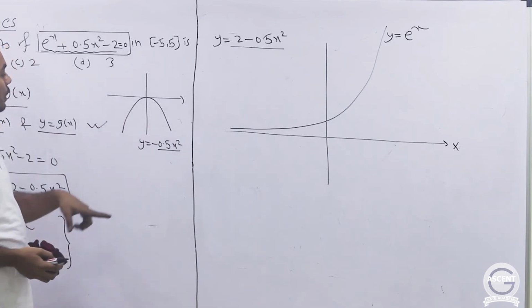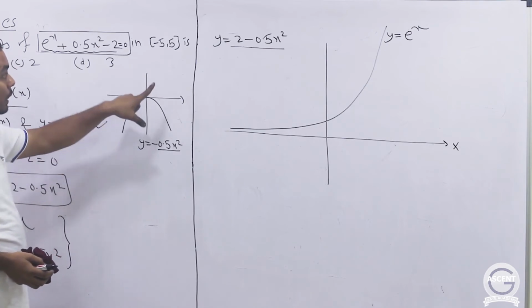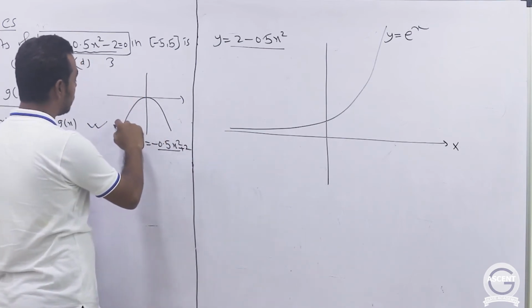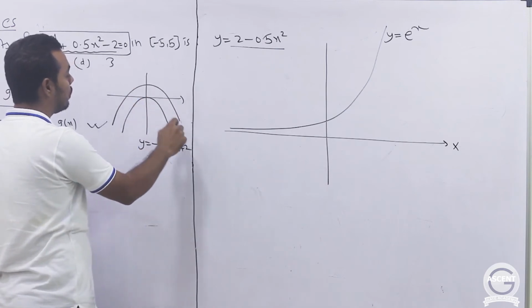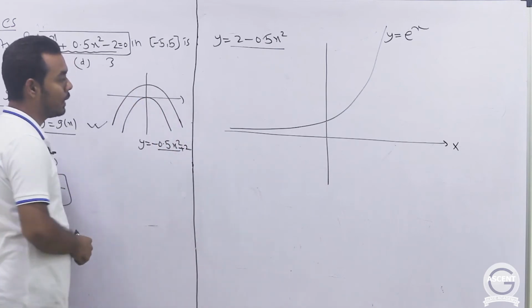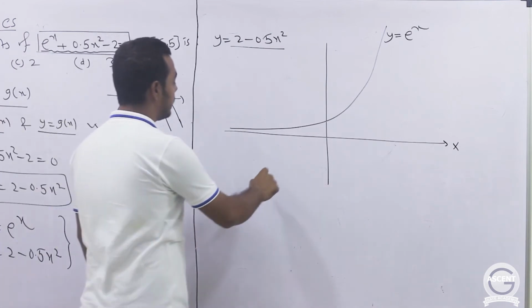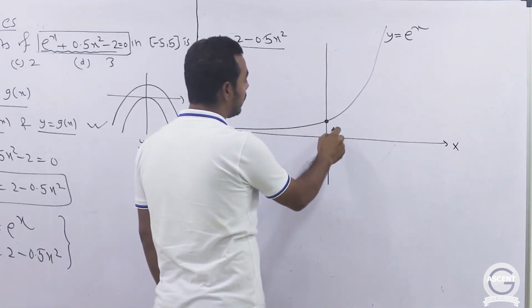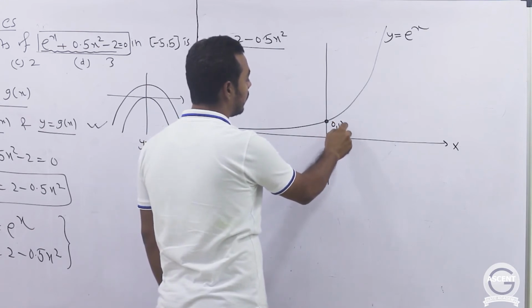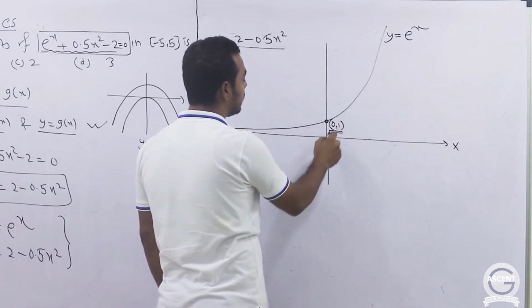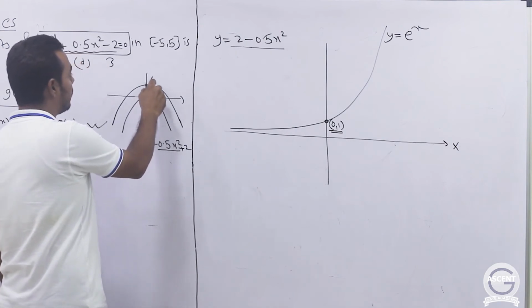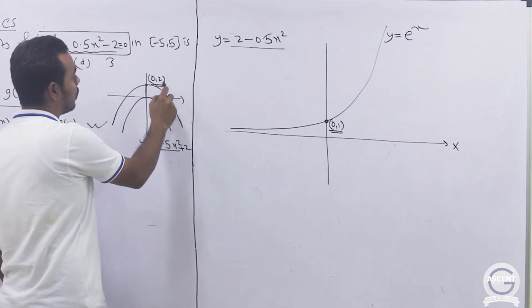Now if I want to draw the graph of y equals 2 minus 0.5 x square, this means I have to add 2, which means we have to shift this graph by 2 units towards the positive y axis. The vertex is at 0, 0, and after shifting by 2 units this point becomes 0 comma 2.